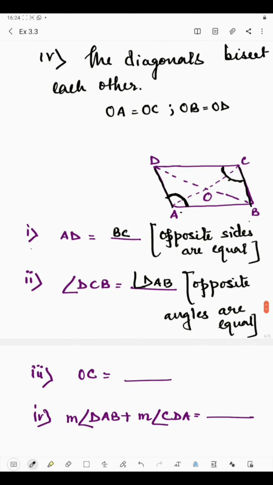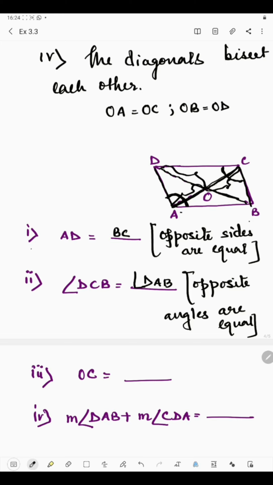Coming to the next part. In the third part we have OC equal to dash. Now OC will be equal to OA. Why? Because this AC and this BD are the diagonals and they bisect each other. So the length of OC will be equal to OA and the length of OD will be equal to OB.